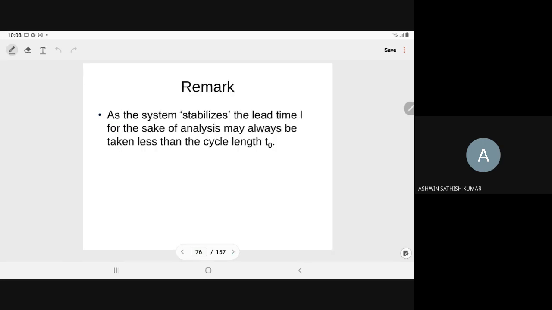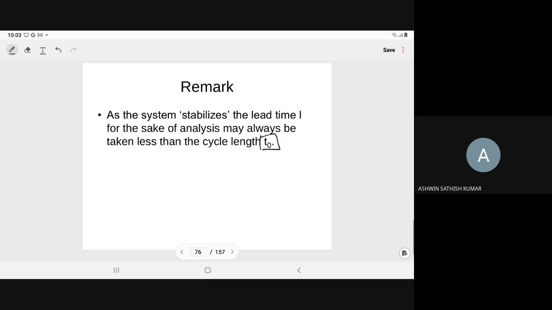Now here one important thing I have to convey about the lead time: as the system stabilizes, the lead time, for the sake of the analysis, may always be taken less than the cycle length. Here we have the cycle length, meaning at this period we repeat or we reorder.